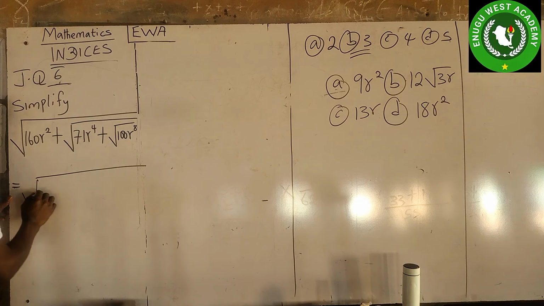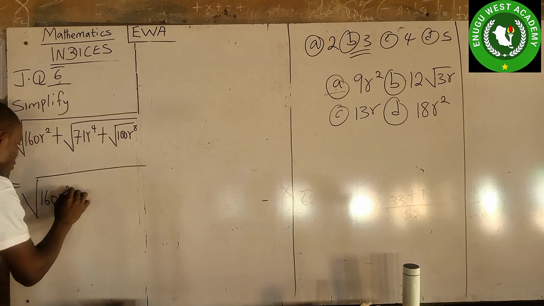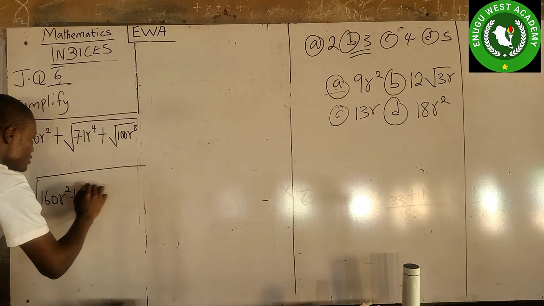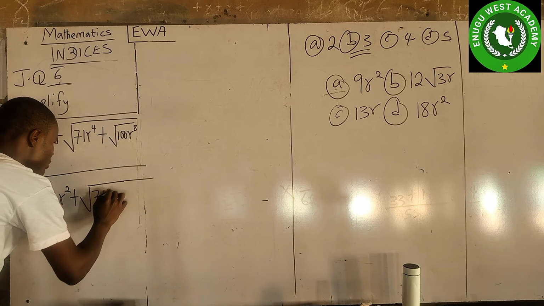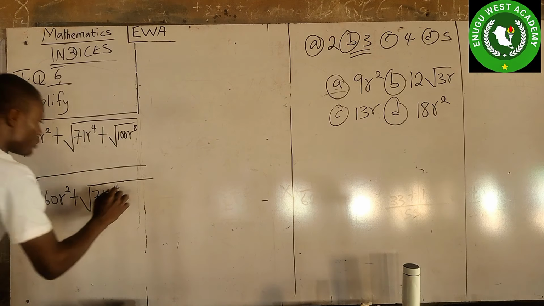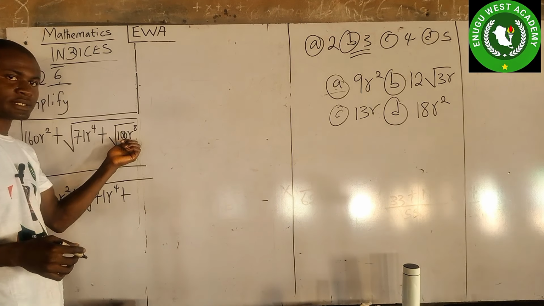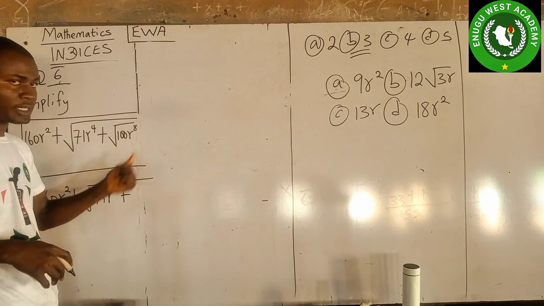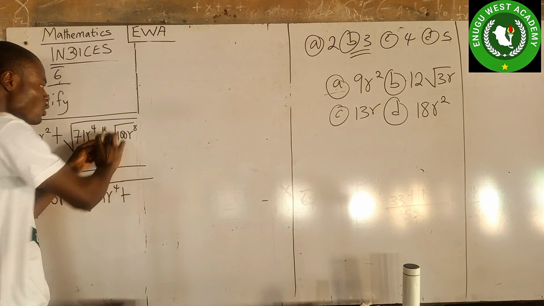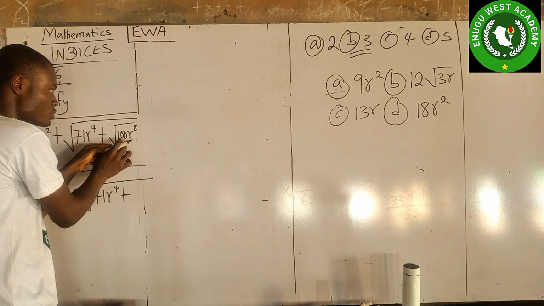Now we're going to have 160 r raised to power 2 plus square root 71 r raised to power 4 plus square root 100 r raised to power 8. Please pay attention here. Remember, all of them are inside this particular square root.